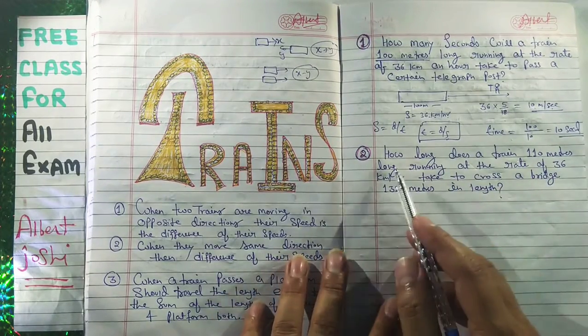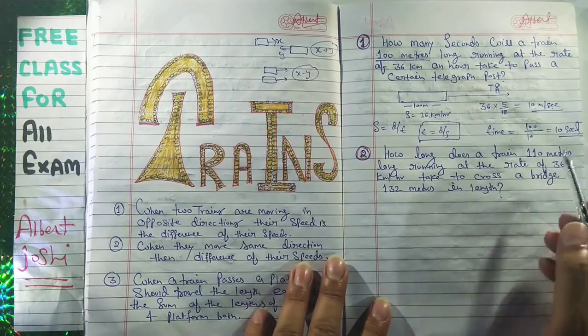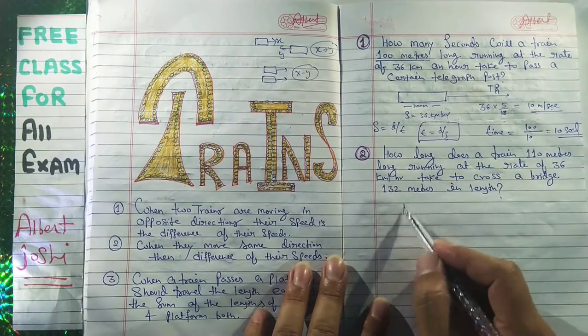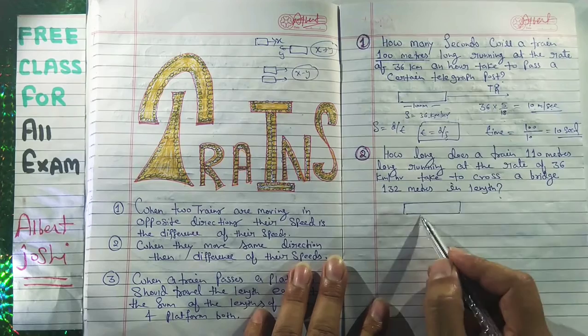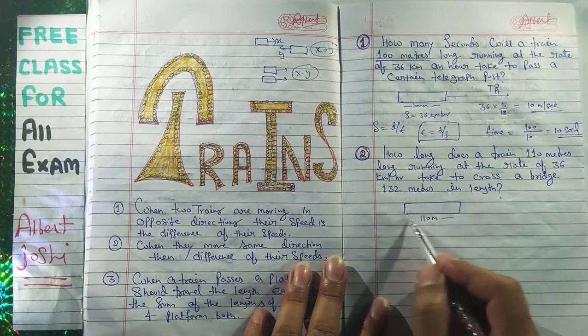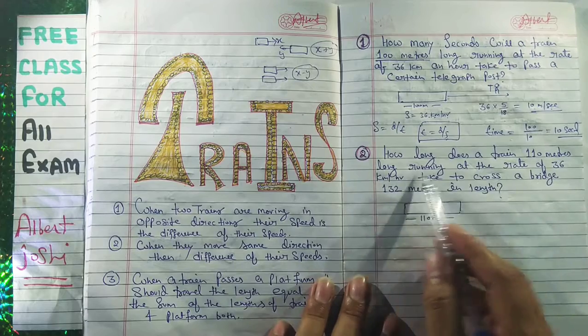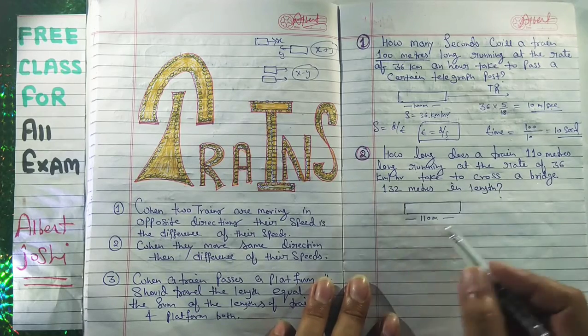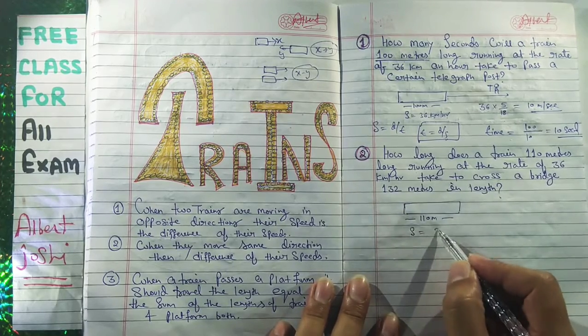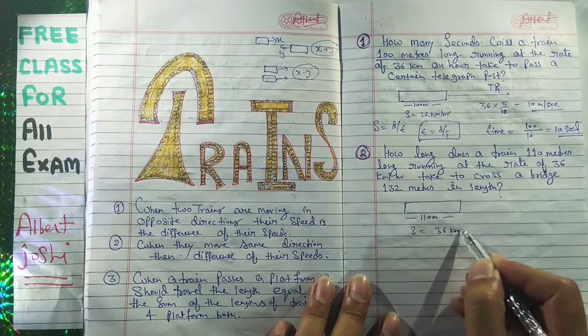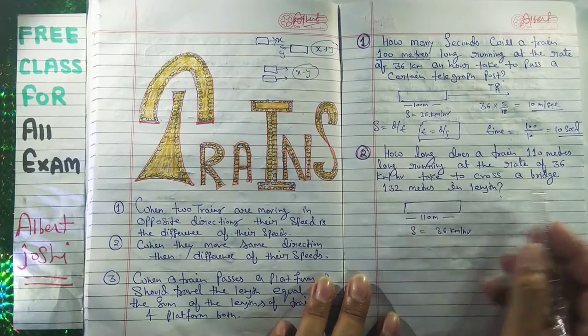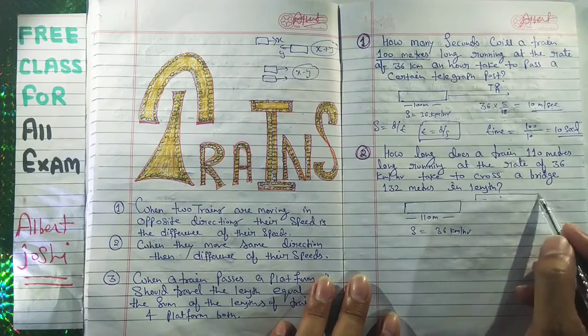Now the second question: how long does a train 110 meter long, running at a rate of 36 km per hour, take to cross a bridge 132 meter long? Now you have one train and its total length is 110 meter, and the speed they have given you is 36 km per hour. Now it is crossing one bridge.